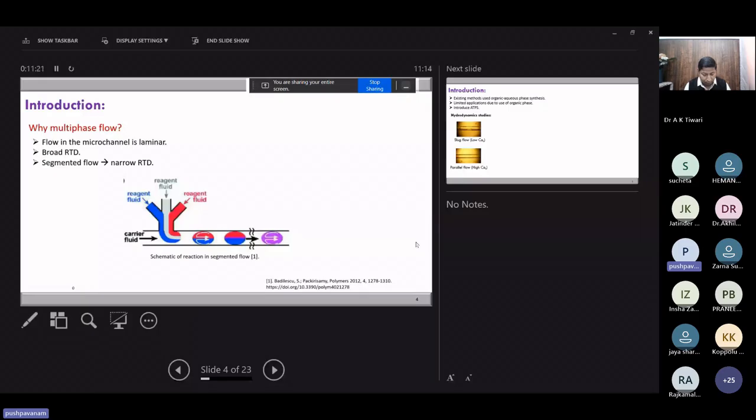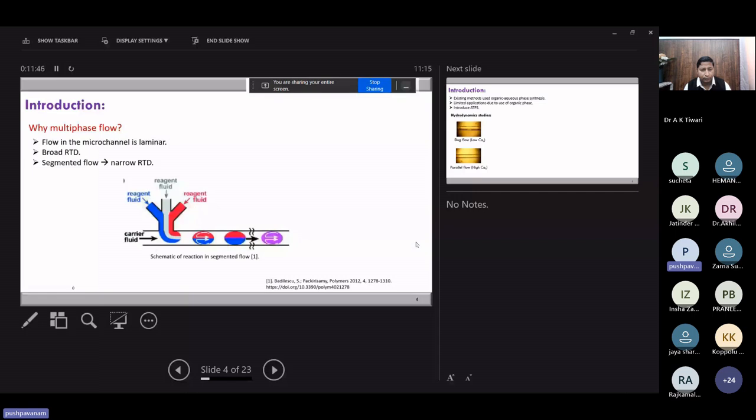One way to look at this problem is to say that each segment, each slug, behaves like a microreactor. Each drop is going to behave like a microreactor. The reactants are inside and there is mixing. So each slug is going to travel in this microchannel, and it is going to spend the same amount of time in the microchannel.